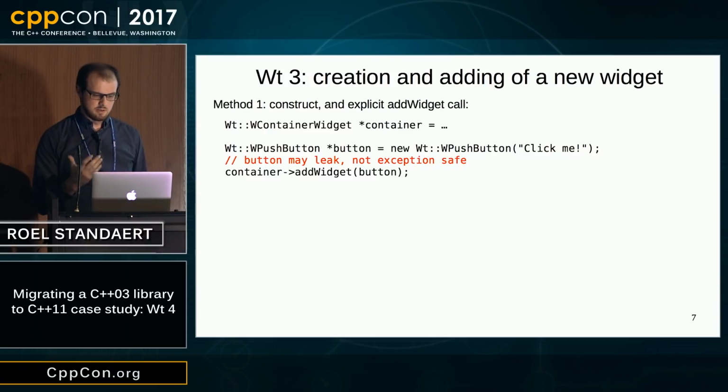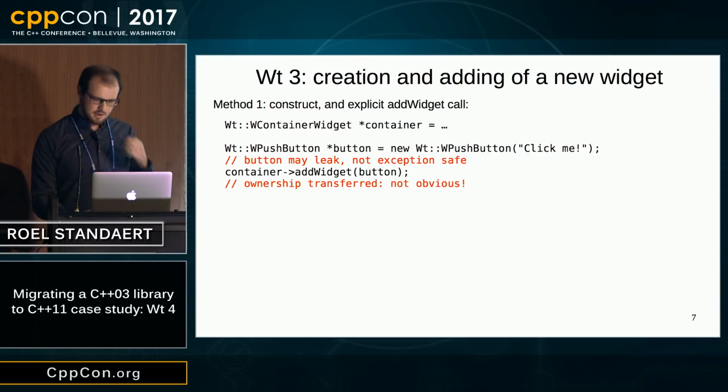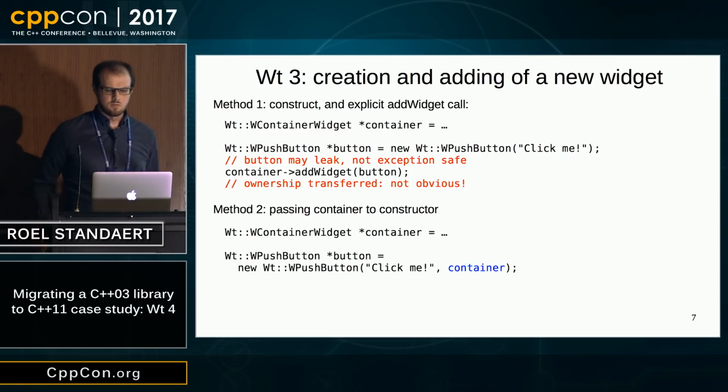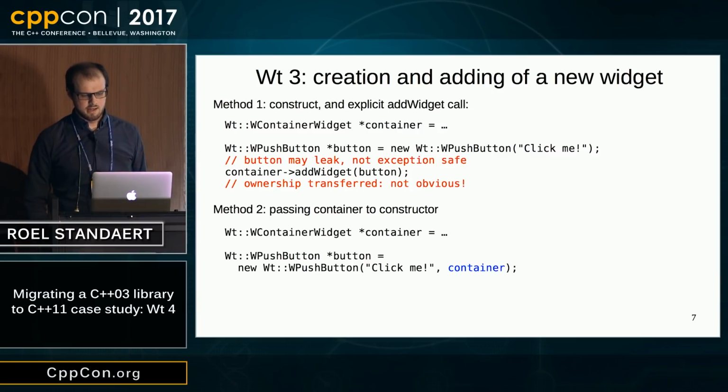And then afterwards, when you move it, it's not obvious that the ownership is transferred. And there was actually also a second way to do it, and that's to call this constructor directly with the container as a parameter.